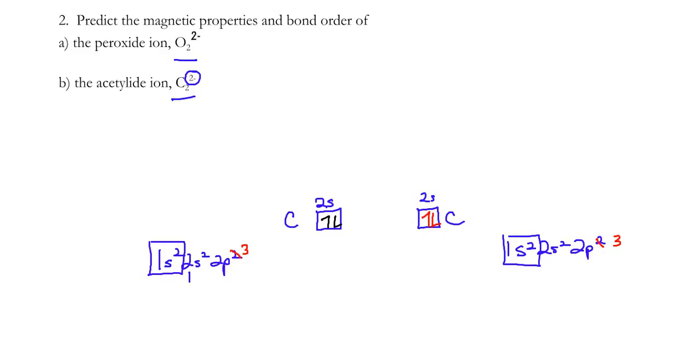Now, what's going to happen, party people, is that we're going to create 2 new orbitals when they bond. We're going to create a bonding orbital. We're going to call this 2s sigma, and then we're going to create an anti-bonding orbital. If you need to look at the other page or other examples to do this, we'll call this 2s sigma star.